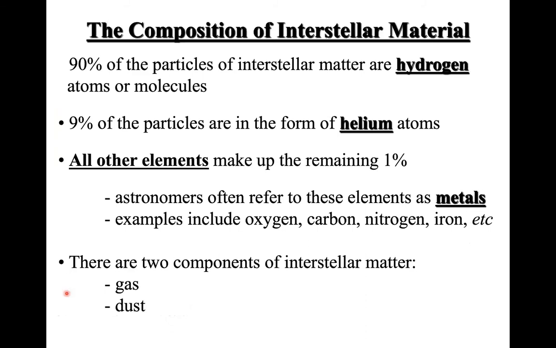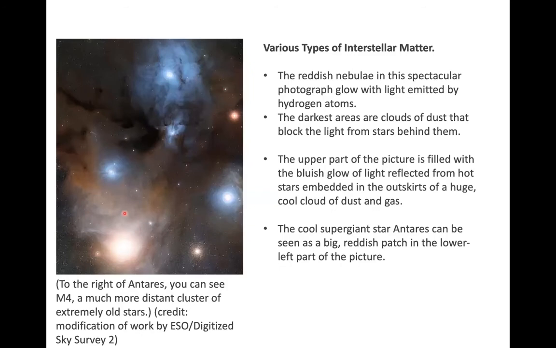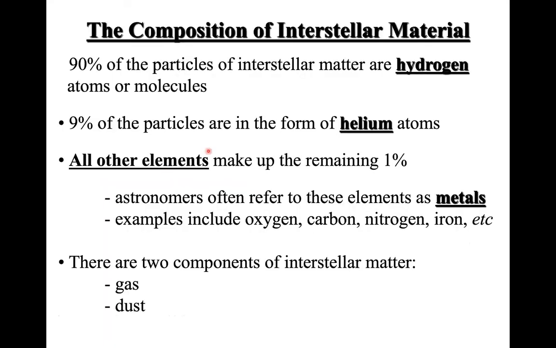Now this is just to give you an idea of how interstellar matter looks, right? So you can see that there are different features. And if we look at the composition of the interstellar material, 90% of these particles are in fact hydrogen atoms or molecules, right? So that is important. And 9% of the particles are in the form of helium atoms.